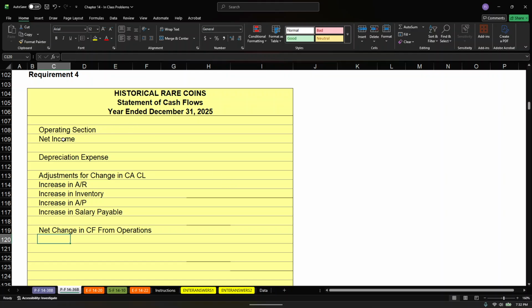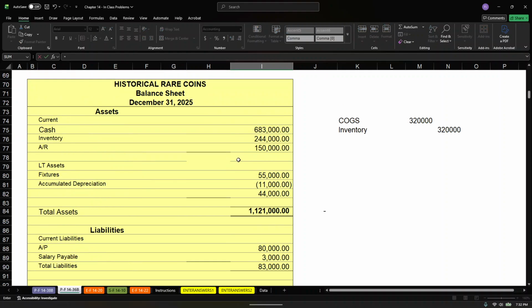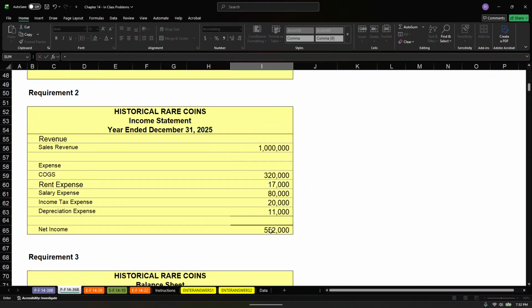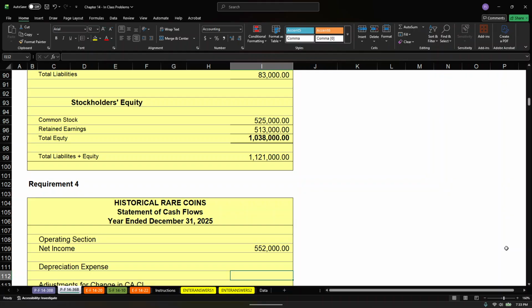Okay, so operating section. We start with the net income, and that we already calculated in this income statement. So I'm just going to do a cell reference. Depreciation expense, that's an add back because this is a non-cash expense that's already baked in here. This net income has that expense in there, and so we know that's not cash.